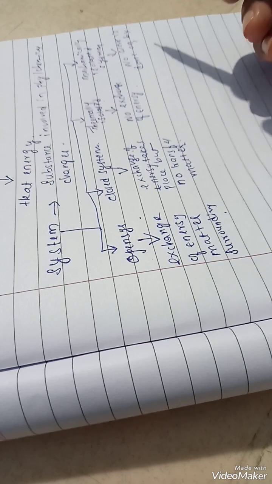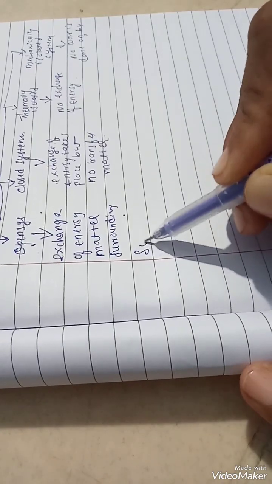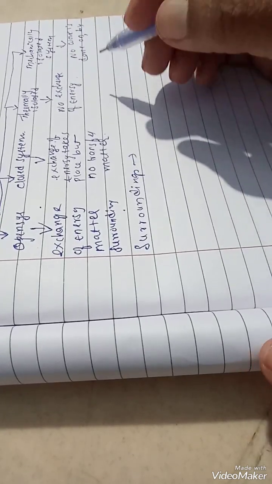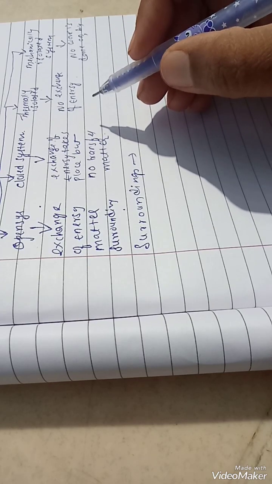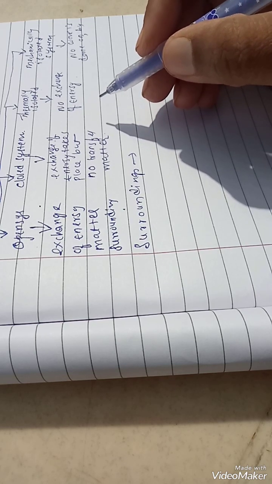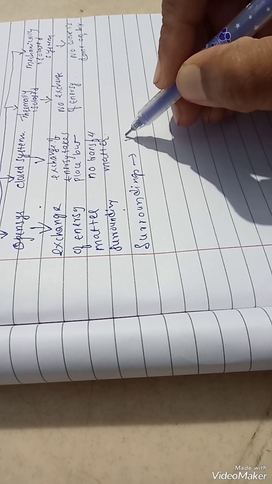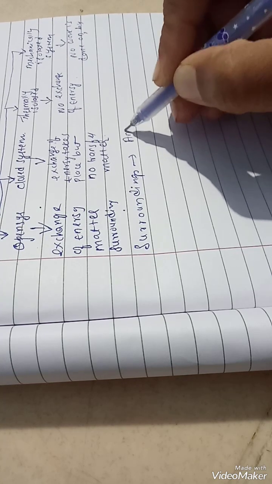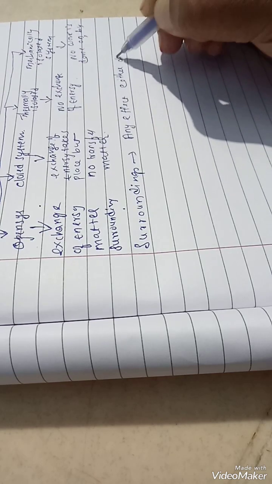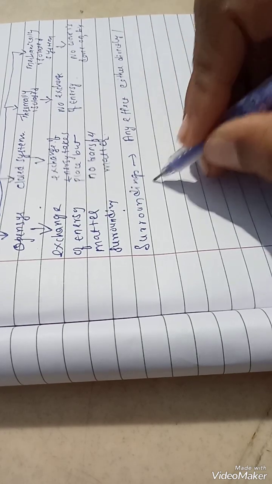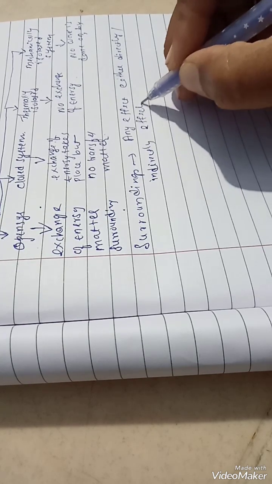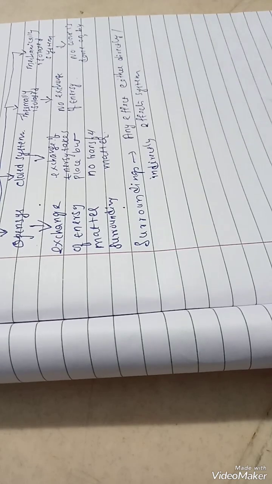Now next, we are talking about surroundings, no? Then what are surroundings? The definition of surrounding. So can we define surrounding means yes, any influence or any effect, either directly or indirectly, that affects the system we call surroundings.